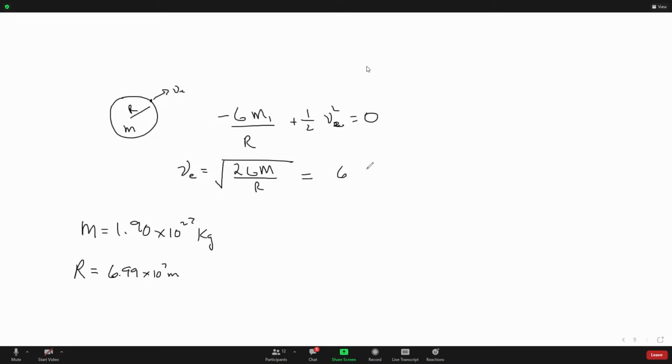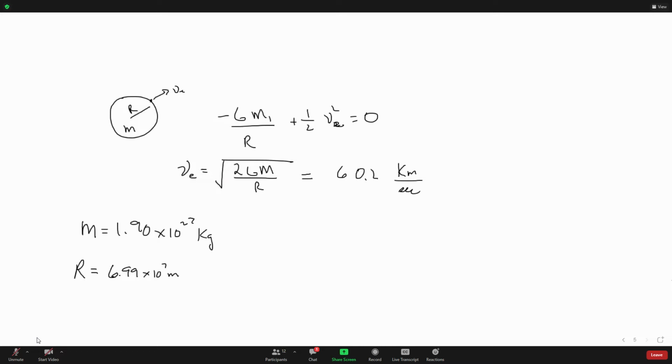So the escape velocity is basically 60.2 kilometers per second. Almost 6 times Earth's escape velocity. It's much more massive, but it also is much bigger. Okay, good.